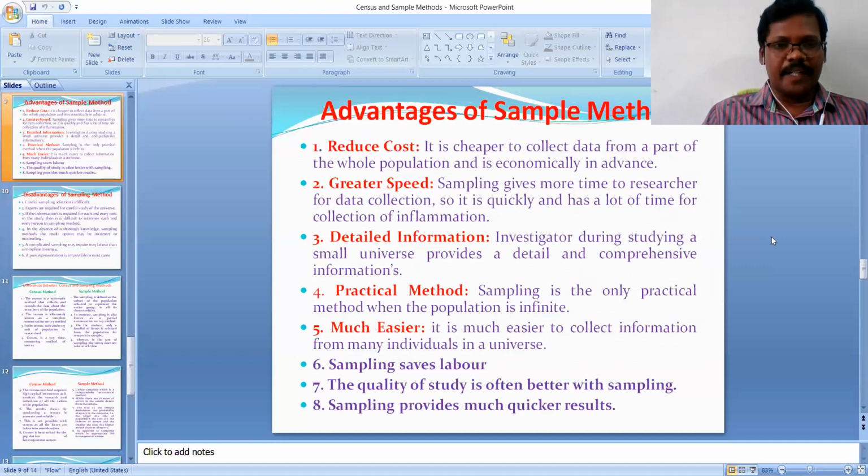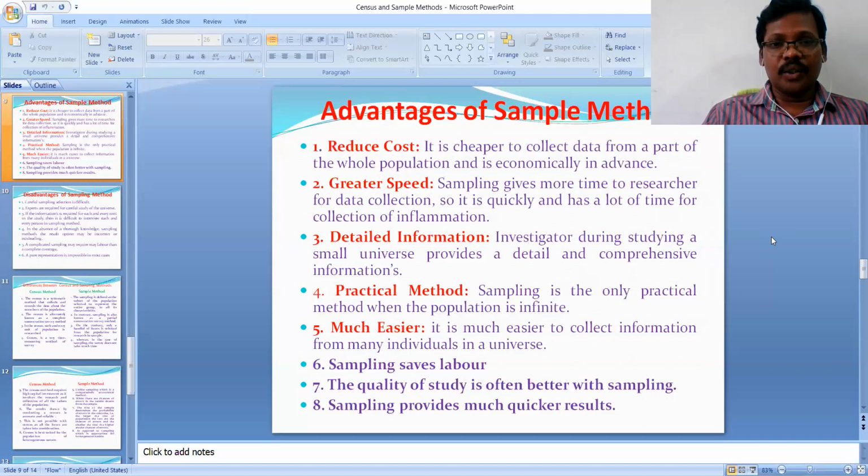Okay, greater speed. When we go for the sample method, the survey or research will be completed very fast, so that's why it is called greater speed. Sampling gives more time to the researcher for data collection.